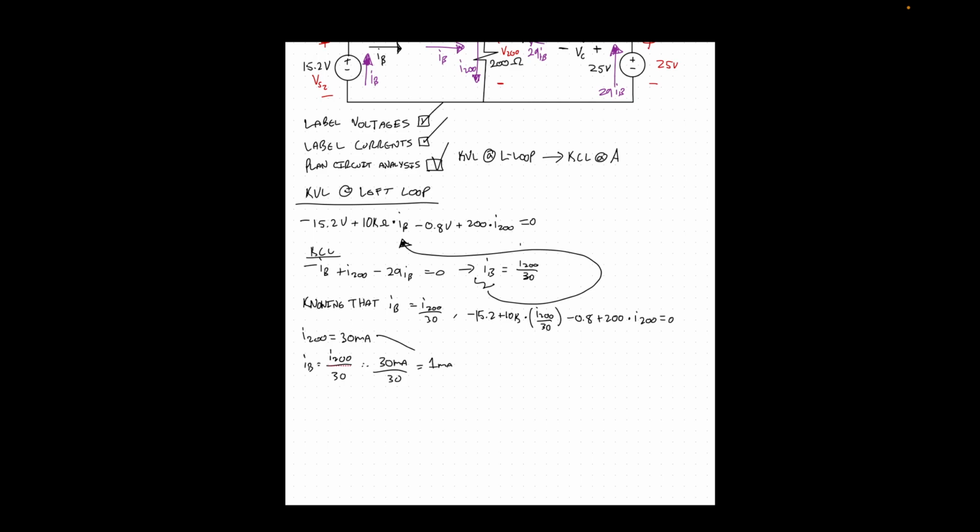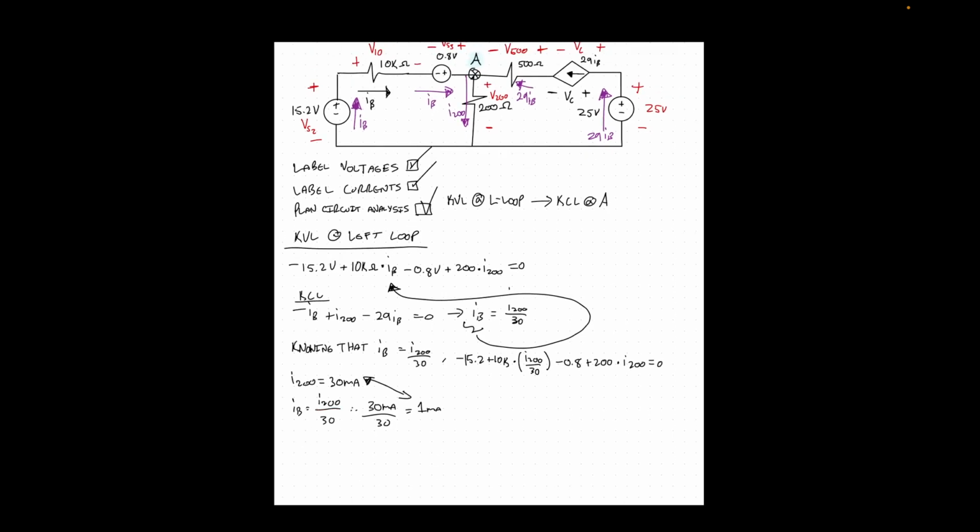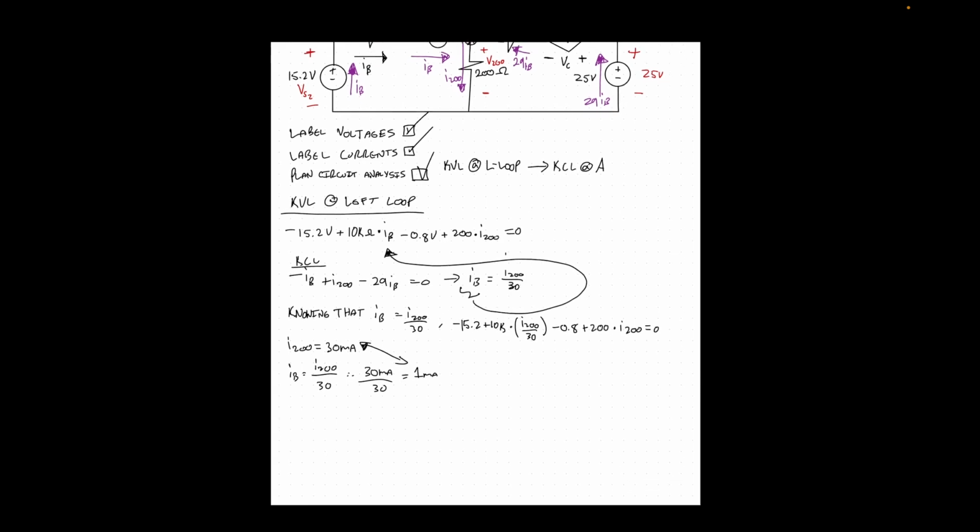So we've now solved for I200, which is this current, and IB, and I've also unlocked this current. It's just 29 times IB. Let's write this for our reference.